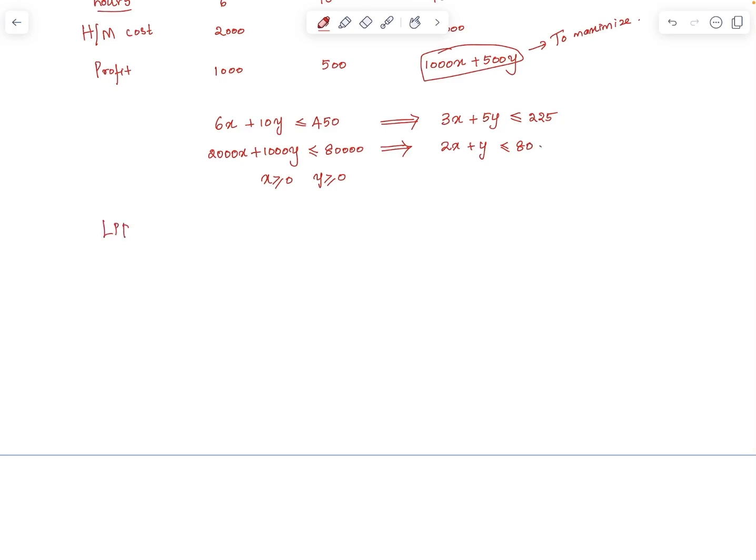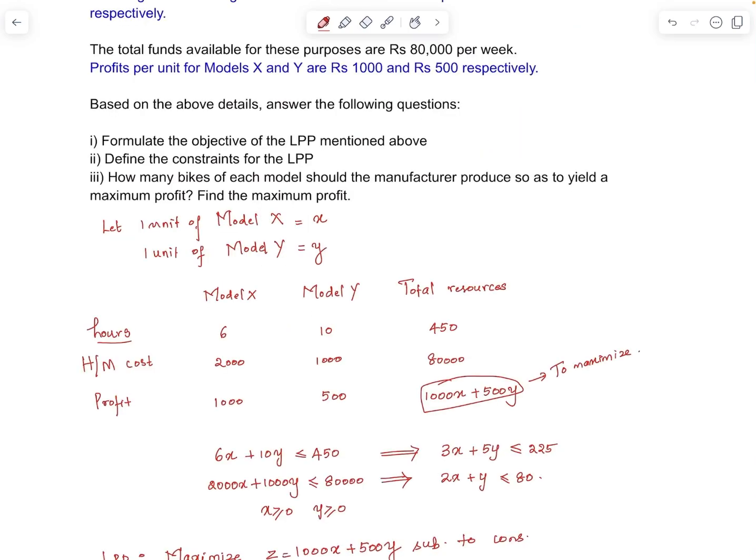So the LPP is: maximize Z equal to 1000x plus 500y subject to constraints 3x plus 5y less than or equal to 225, 2x plus y less than or equal to 80, x greater than or equal to 0, y greater than or equal to 0. This is the answer for 1 and 2.